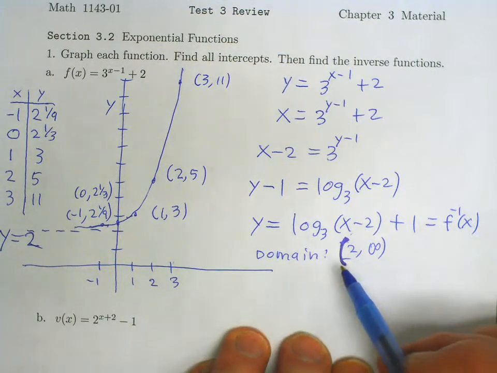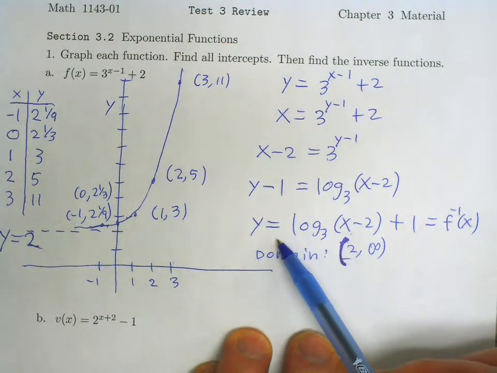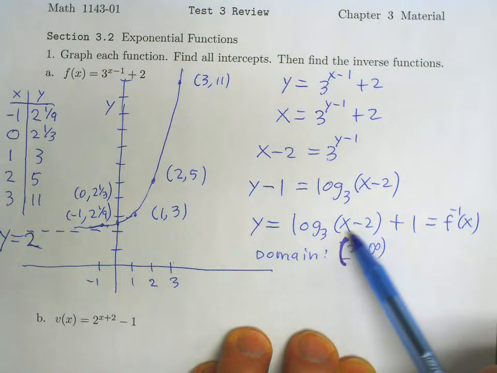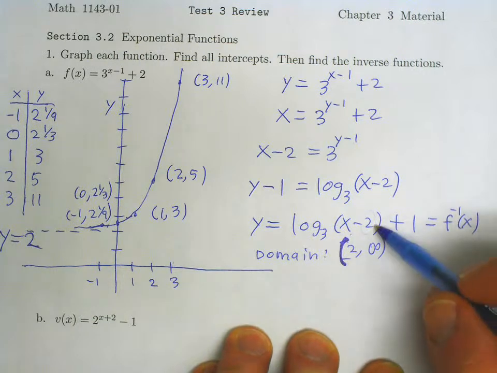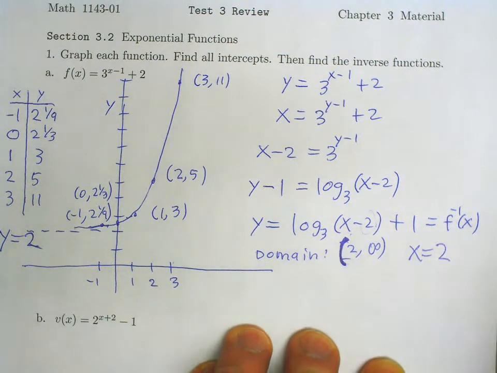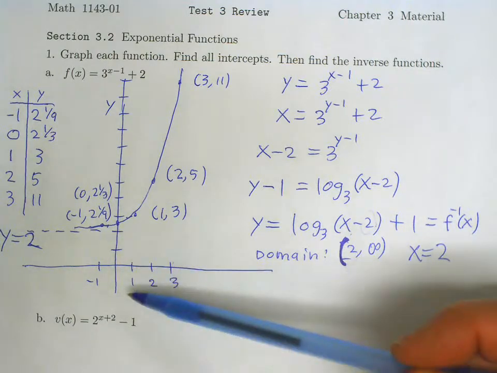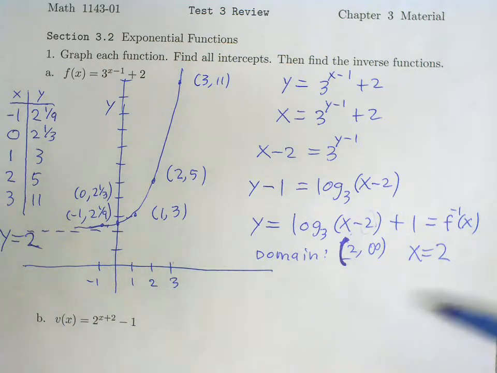But remember how to find the vertical asymptote for a logarithmic function. So it involves the number 2. So the vertical asymptote is x equals 2. But it's below the x-axis.